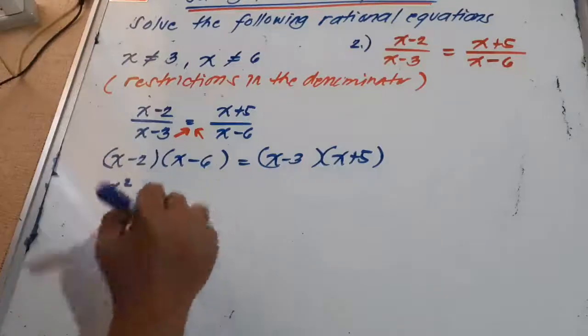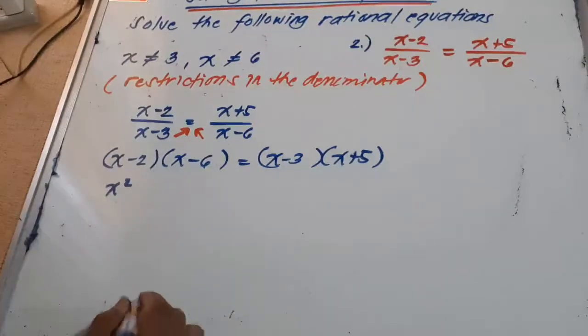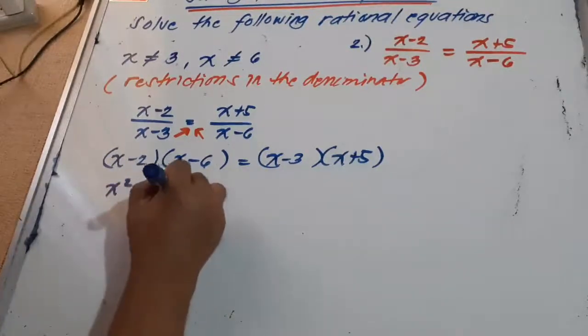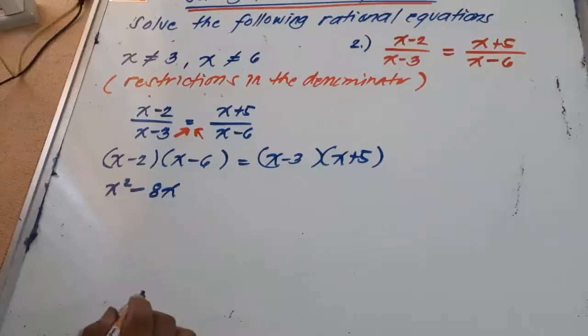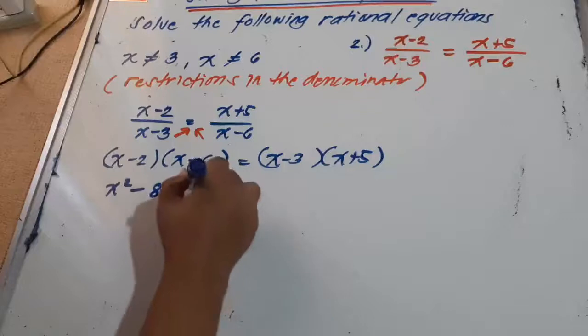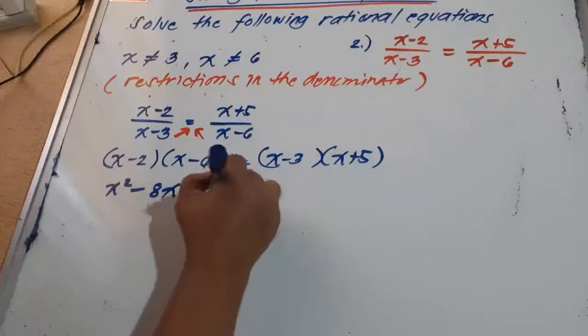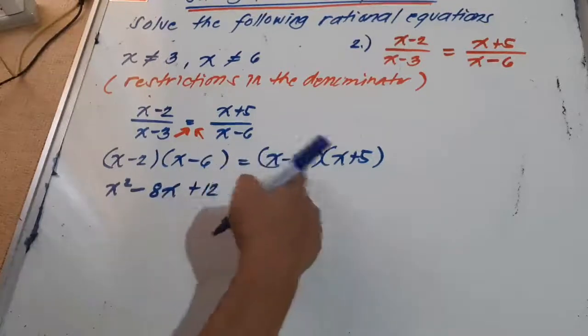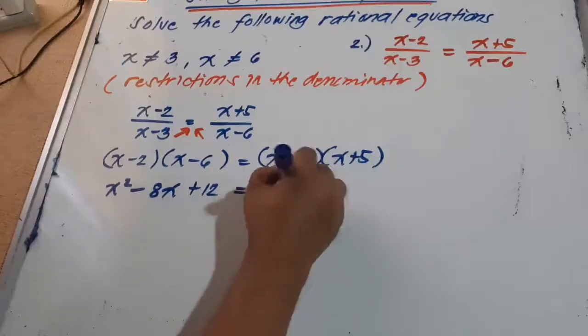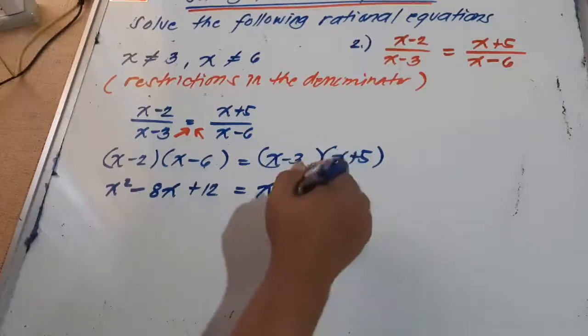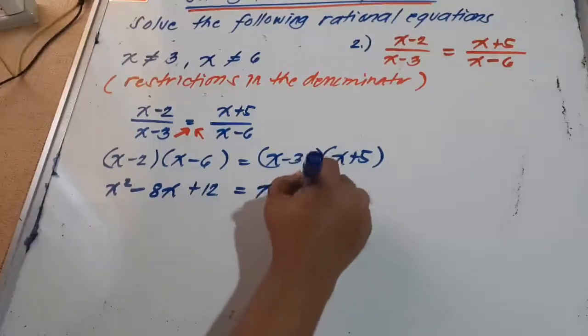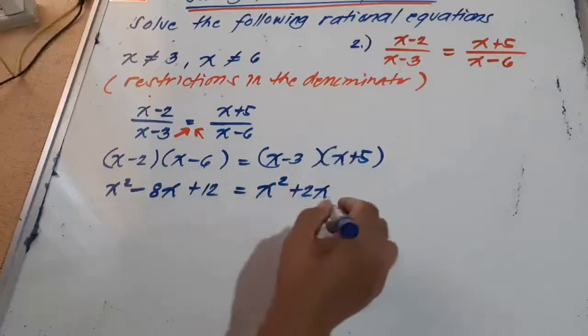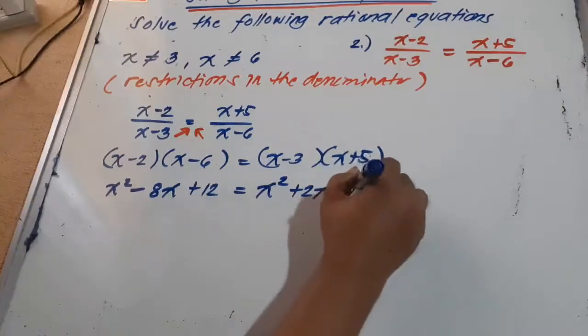Negative 2 plus negative 6 is negative 8 times x is negative 8x. O, ganun pag-multiply ng two binomials. Okay? Negative 2 times negative 6 is positive 12. On the right side, we have x times x is x squared. Negative 3 plus 5 is positive 2 times x is 2x. Negative 3 times 5 is negative 15.